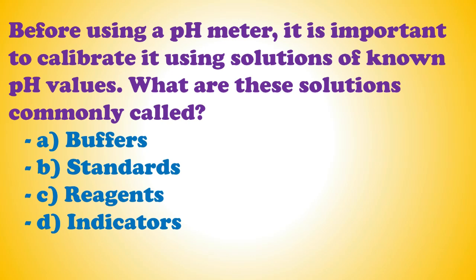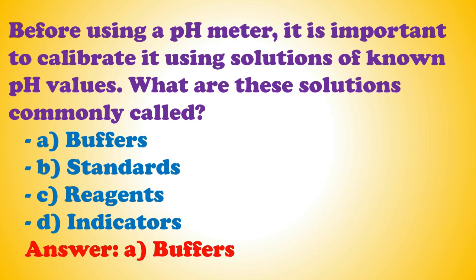Before using a pH meter, it is very important to calibrate it using solutions of known pH values. What are these solutions commonly called? Buffers, or standards, or reagents, or indicators? Find out the answer now. Of course, you are correct. The answer is buffers.